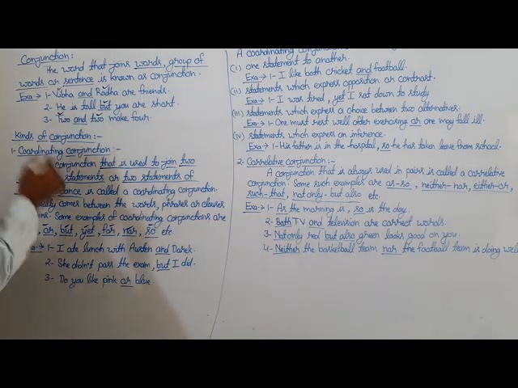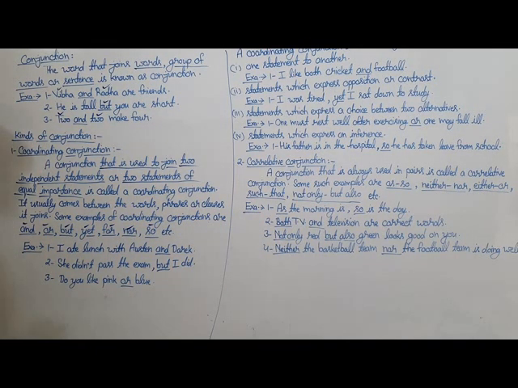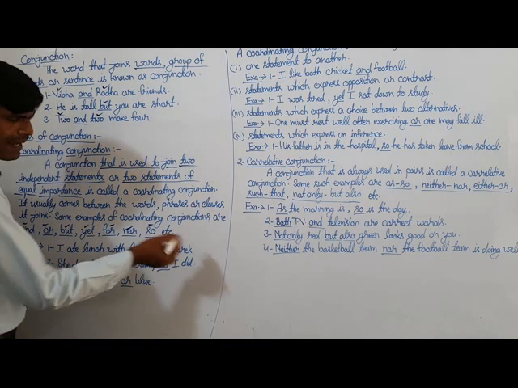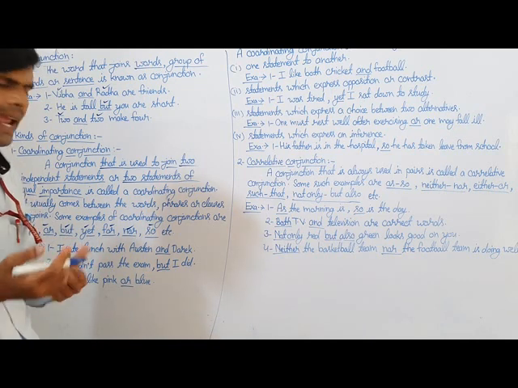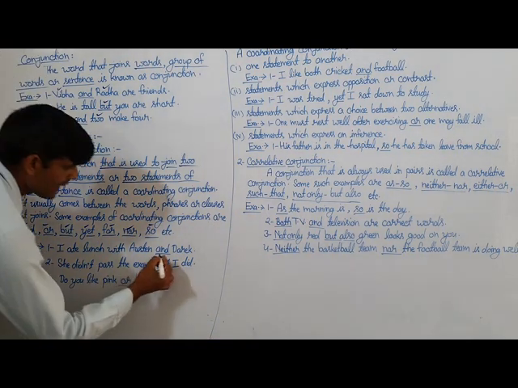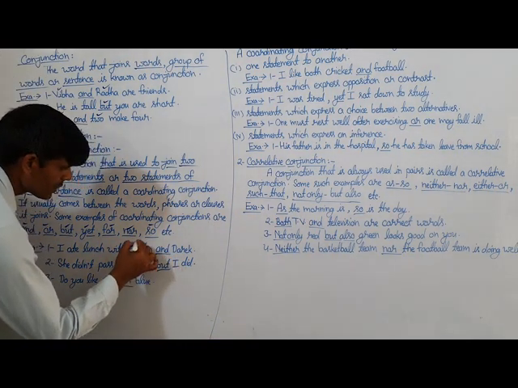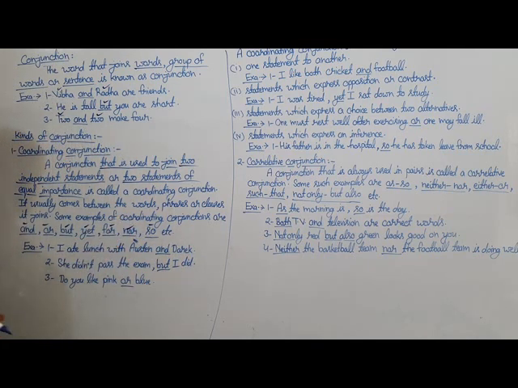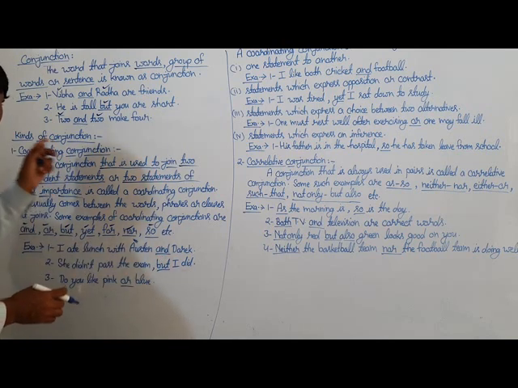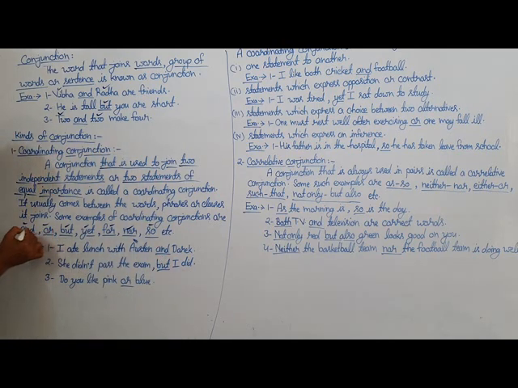Then you have to know some examples related to the same topic, and here is the first example: I ate lunch with Austin and Derek. Here the underlined word "and" is used to join two statements with each other. So this is also known as coordinating conjunction "and".